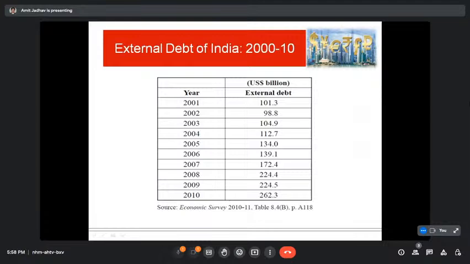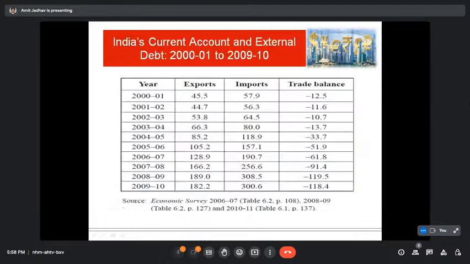Afterwards the debt increases at a quite faster and larger rate, and in 2010 it became 262.3 billion dollars. So within 5 years the external debt increased more than double, about two and a half times. Similarly, when we think about the balance of trade, the deficit also increased more than 3 or 4 times. So it shows that if a country is getting a deficit, to fulfill it they need to get external debt.